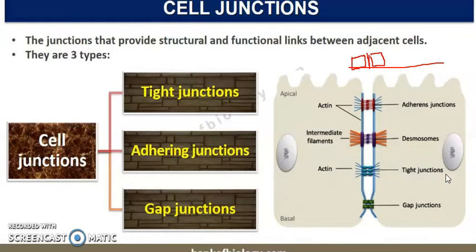Between the cells of the epithelial tissue, we are able to find some specialized junctions, right? And these junctions provide structural and functional link between the adjacent cells, right? So that is the function of cell junctions.